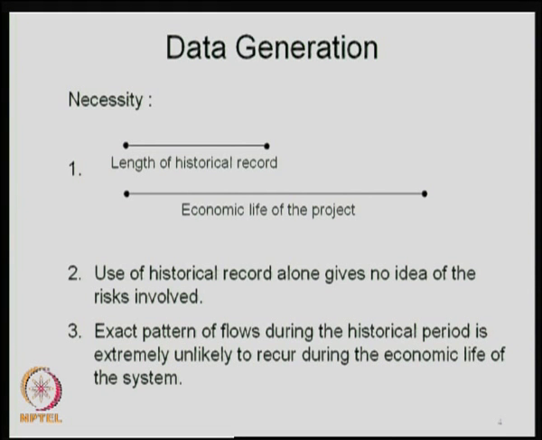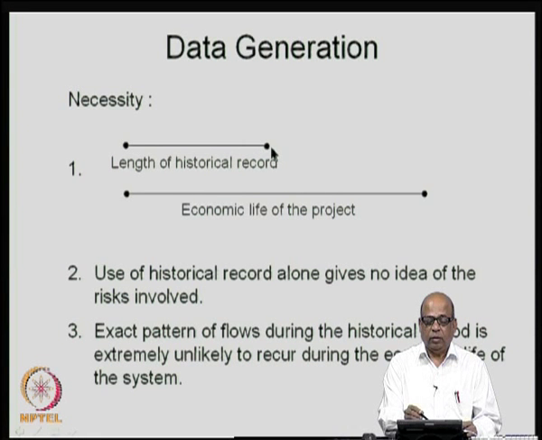The third motivation for data generation is that the exact pattern of the stream flows or the exact pattern of the record that you have is not likely to repeat in future. Typically, we talk about the stream flows when you are doing the data generation. So, if you have 30 years of record, this exact pattern is not likely to repeat.